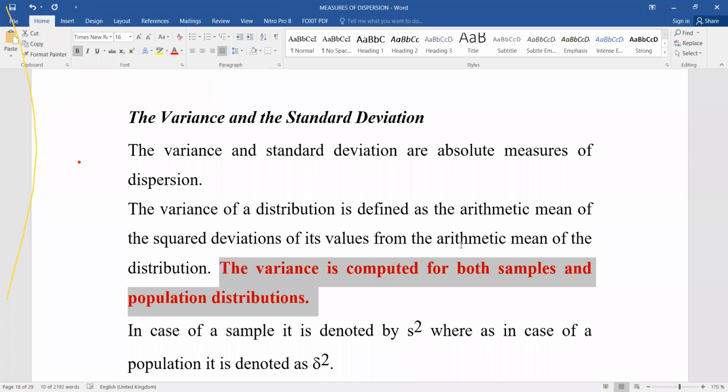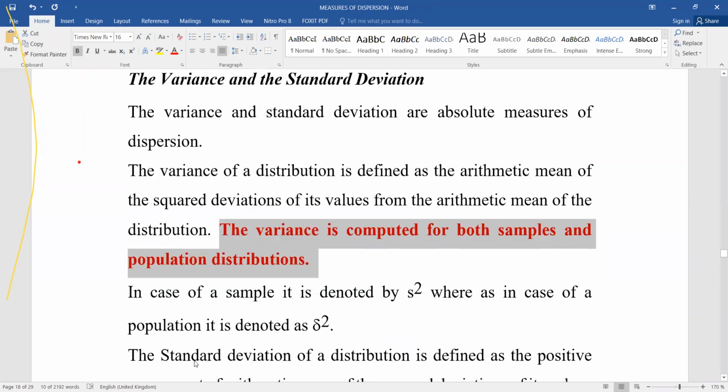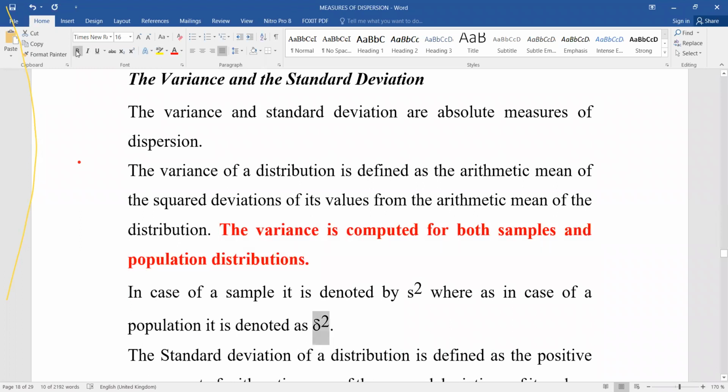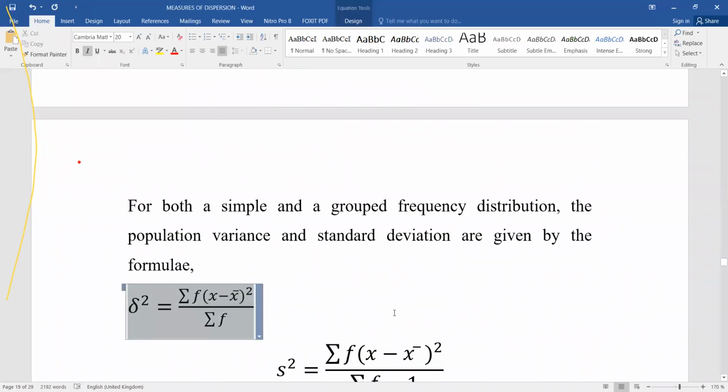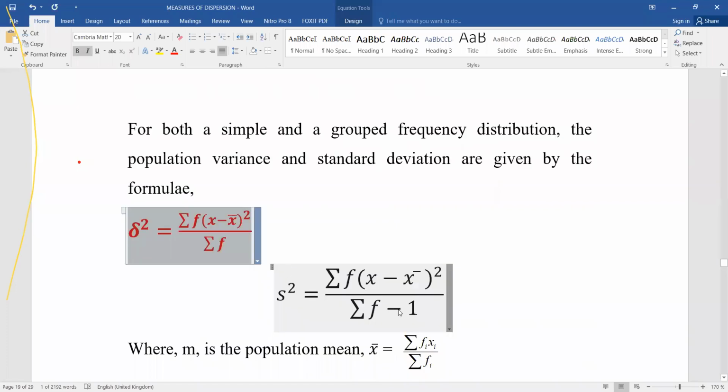When you're dealing with the population, you do not subtract 1 from the frequency. And when you're dealing with the sample, you subtract 1. That is the only difference. So when it is a sample, you subtract 1, and if it's not a sample, you do not subtract 1.